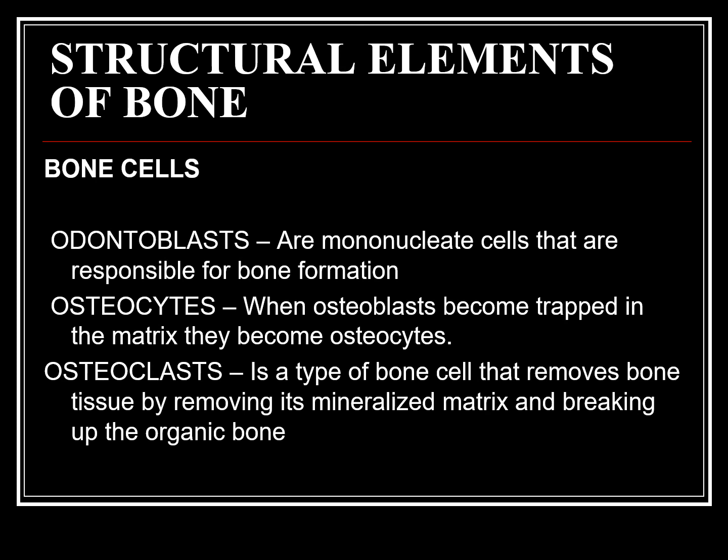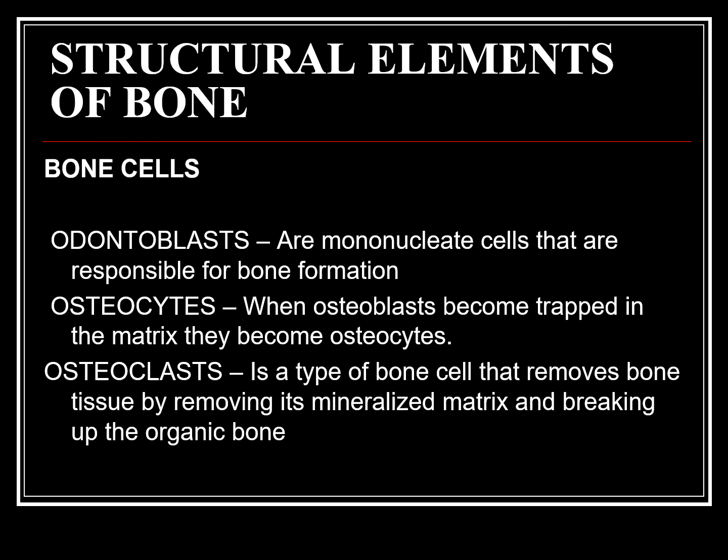The structural elements of the bone are the bone cells: osteoblasts, osteocytes, osteoclasts. The osteoblasts are the mononucleate cells that are responsible for bone formation. They help in the synthesis of the bone.